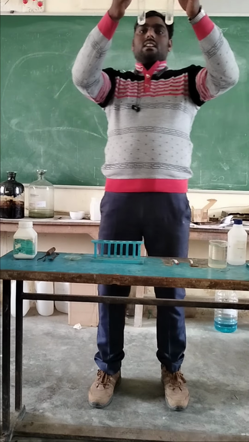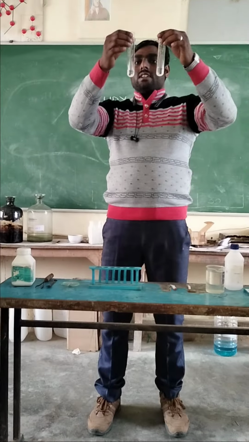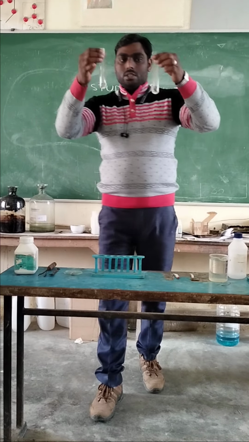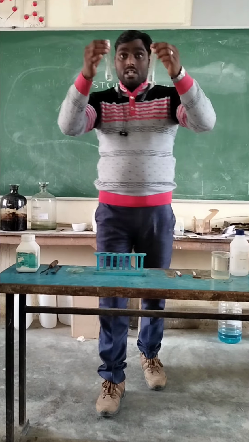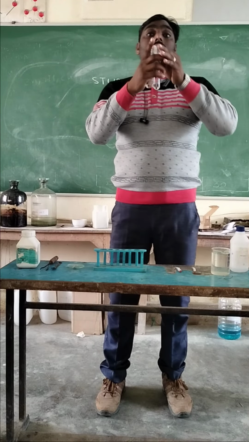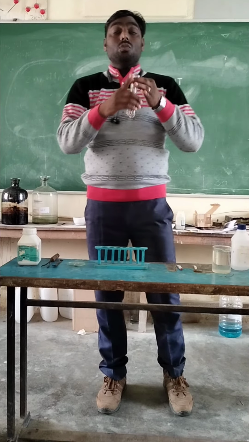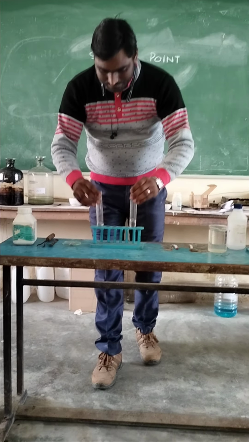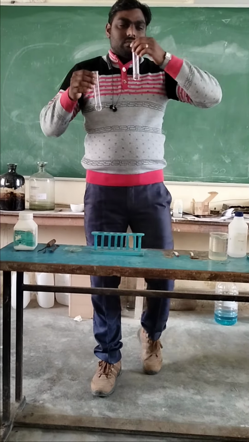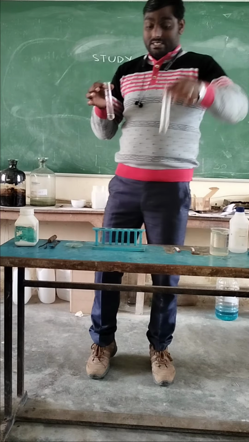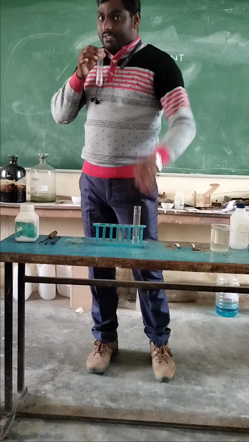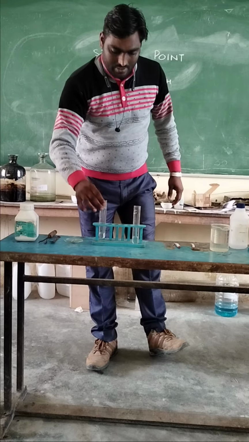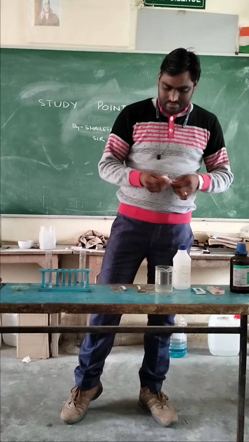Since both are colorless liquids at room temperature, on observing these compounds we cannot identify which one is alcohol and which one is acetic acid, although we can when we smell them. Okay, so just see, this one is acetic acid as its smell is just like vinegar, and this one is alcohol because it has a pleasant smell.